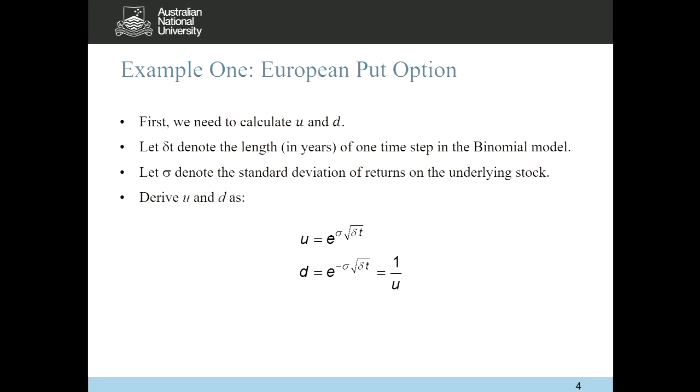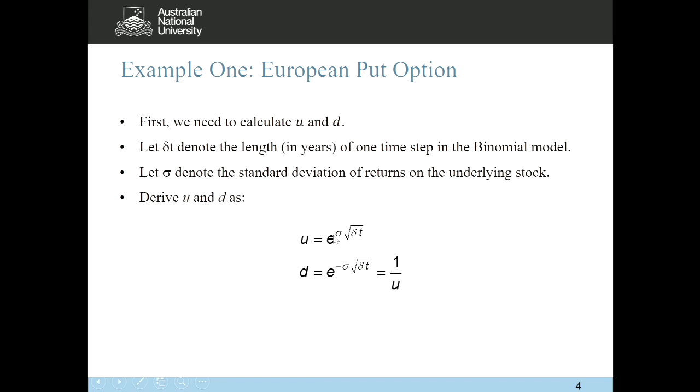All right, so in Monday's lecture, I simply gave you the proportional increase and decrease, right? So that's our little u and the little d here. Now, in fact, we can calculate the proportional increase and decrease by using this formula here. Basically, what this formula tells us is the proportional increase is actually a function of the volatility, right?